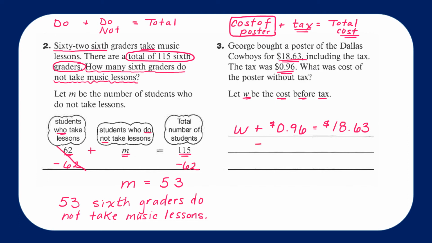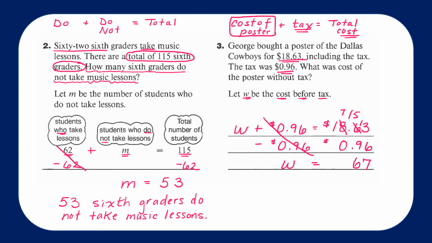We're going to subtract 96 cents from both sides. We're going to have to borrow. 13 take away 6 is 7. I'm going to borrow again. 15 take away 9 is 6.